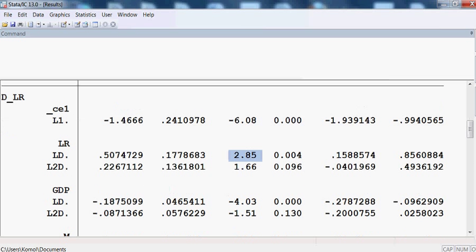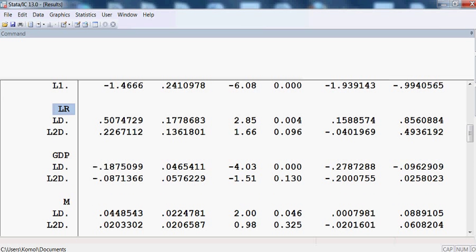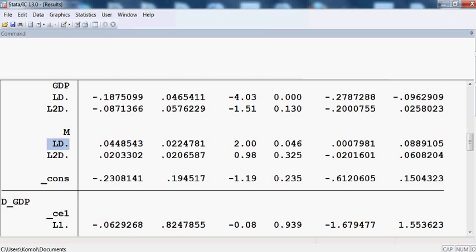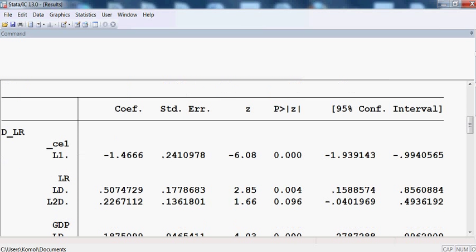Okay, here you can see what is this variable? This is lag 1 of LR. What is this variable? Lag 2 of LR. What about this one? Lag 1 of M. What is M? Money supply. And this one, lag 2 of M. Okay.